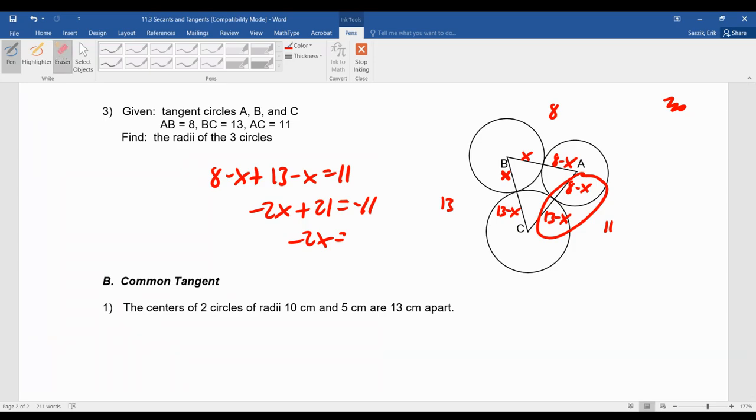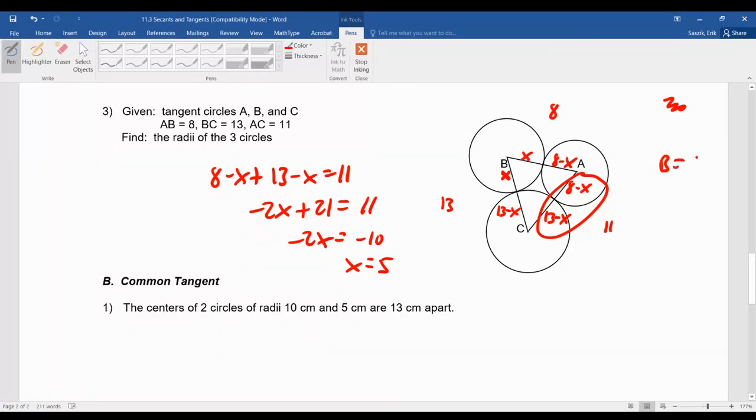Sorry, my computer's wigging out there. I don't know why I wrote down this negative 11. Let me fix that. Negative 2x equals negative 10. So x equals 5. So obviously that's circle B.